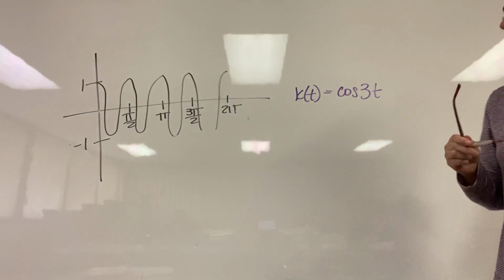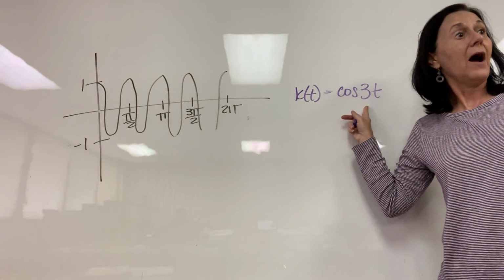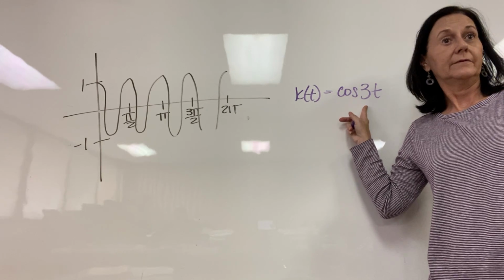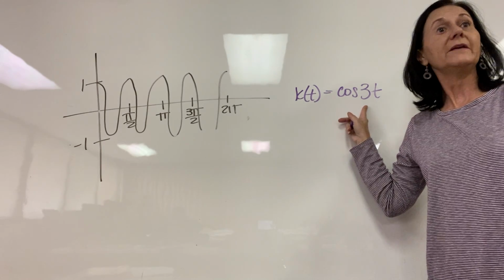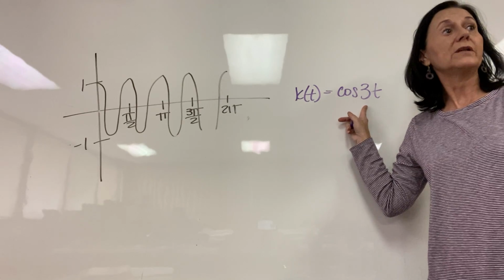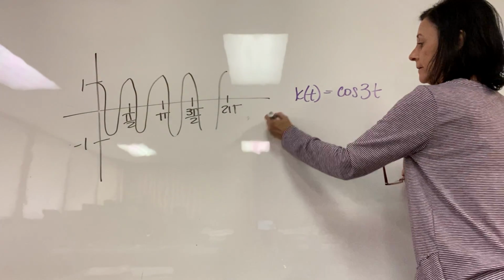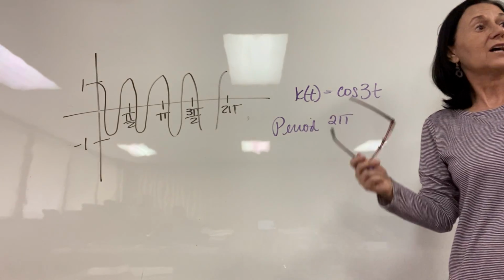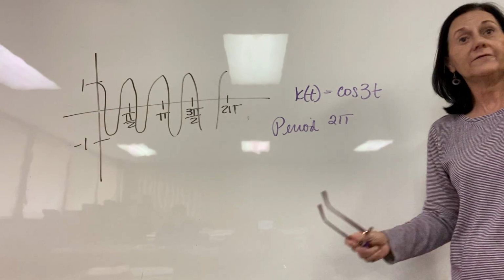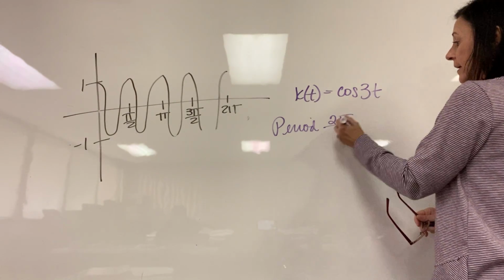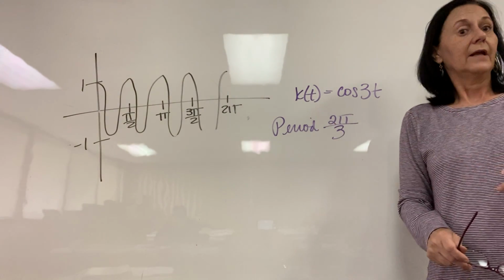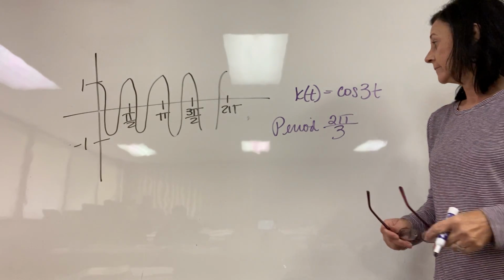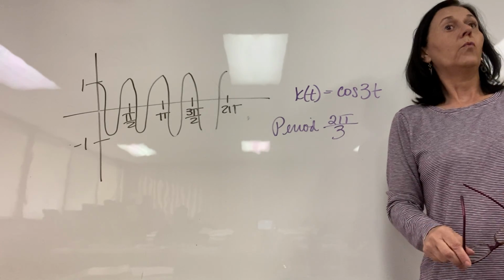It tells me that between 0 and 2 pi, there are going to be 3 complete waves of the cosine curve. But what is going to be the period in which it completes one cycle? The period is the 2 pi, which is the length of the cosine curve in the standard equation, divided by 3. So 2/3 pi, it's going to complete one wave.